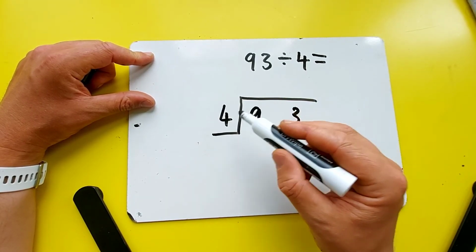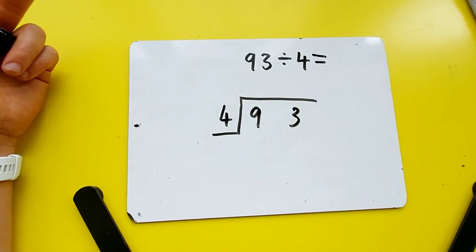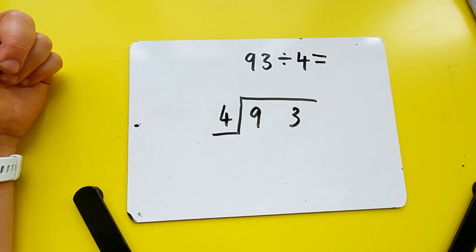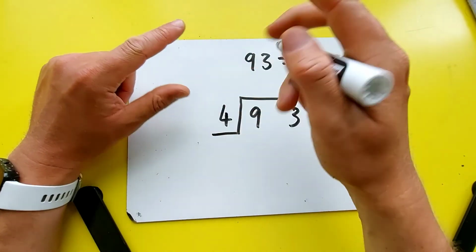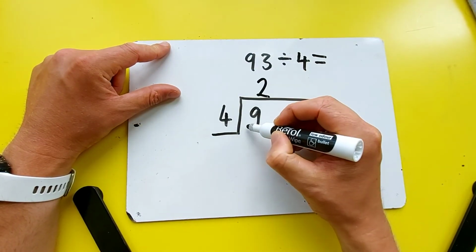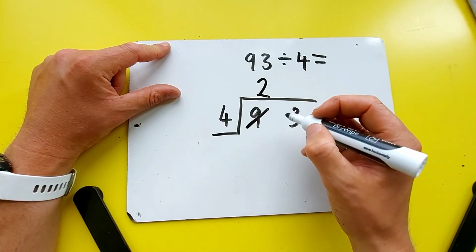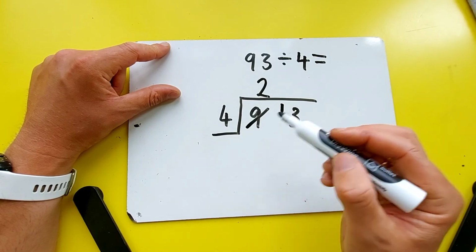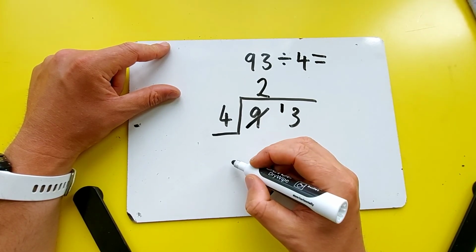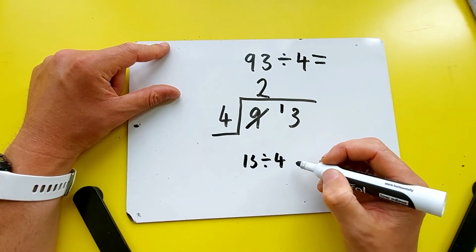How many times does 4 go into 9? Again, I want the one that's closest and smaller than 9. So 4, 8, 12. 12 is higher, so I can't have that, so it must be the 8. And that's gone in 4, 8, so it's 2 jumps. That would be 2, but then I've got a number to carry. I've got 8, so 9 take away 8 would mean I carry over the 1. So now I've got 13, so now I'm doing 13 divided by 4. Okay, and just to break it down, you don't have to do this, sometimes it's easier just to break it down like this.